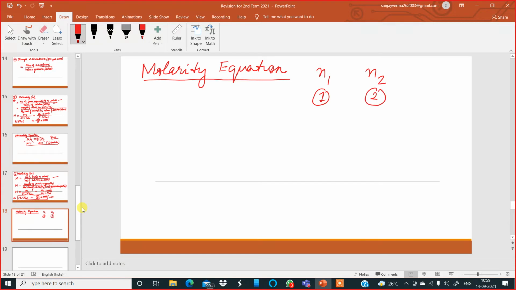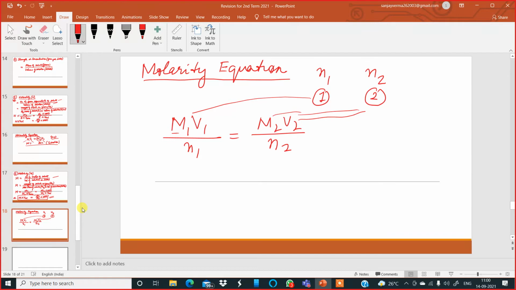We apply this formula whenever the number of moles is given: M1 into V1 divided by n1 is equal to M2 into V2 divided by n2. Here you have to remember that M1 is the molarity of the first solution, V1 is the volume of the first solution, and M2 and V2 are for the second solution too.